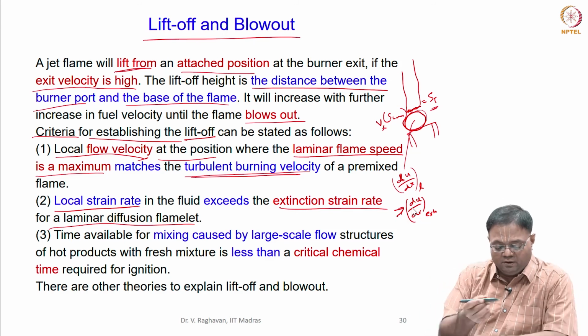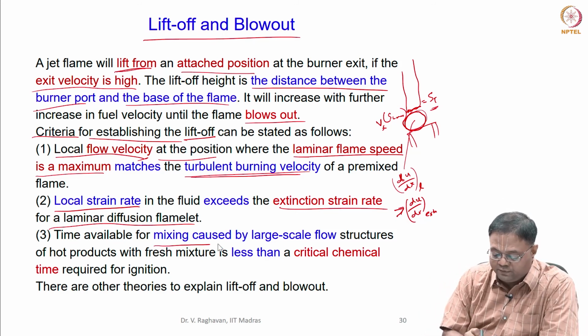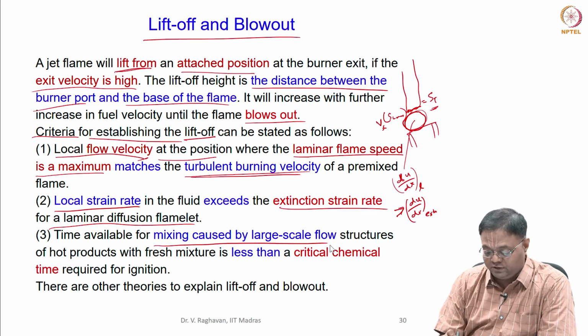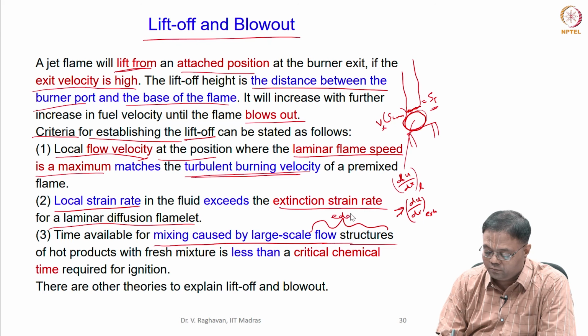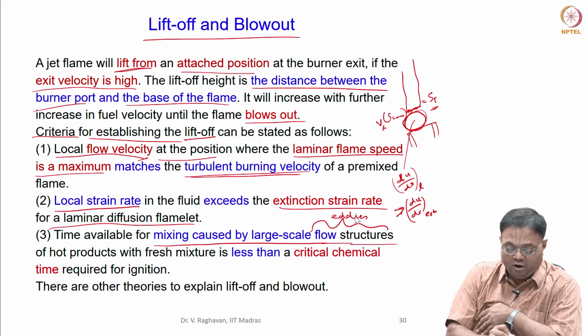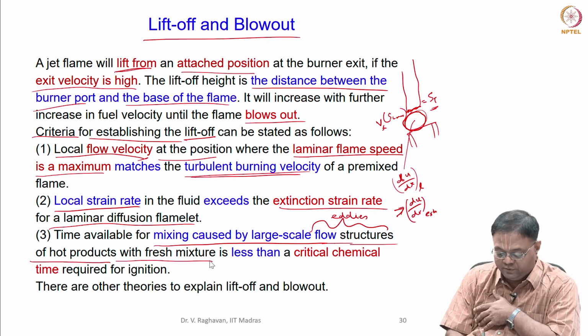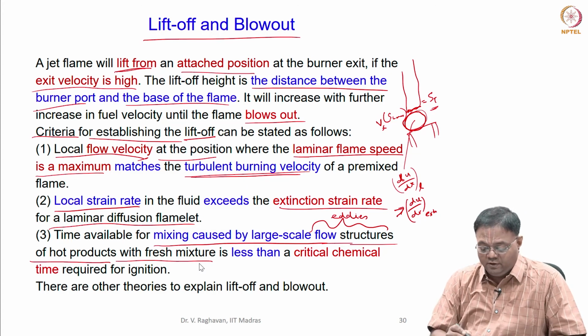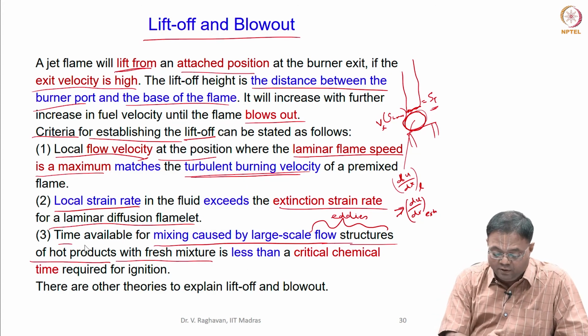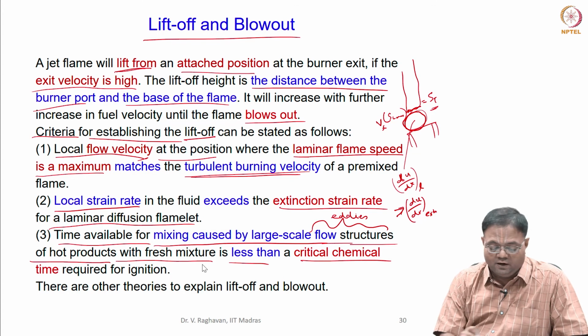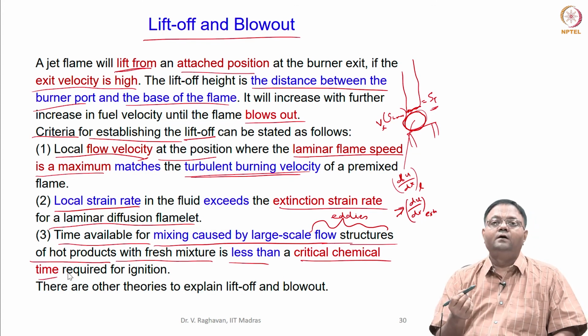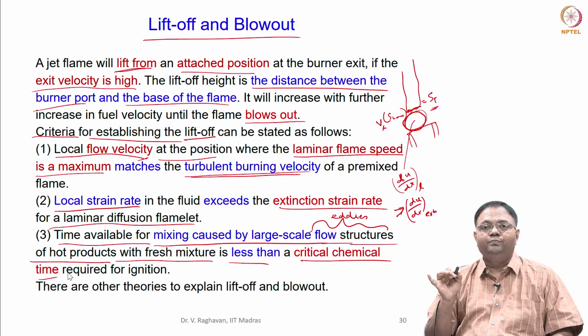A simple theory is mixing caused by the large scale flow structures, that is eddies. These eddies mix hot products with the fresh mixture. When the time available for mixing is less than the critical chemical time, the flame will not be anchored there.